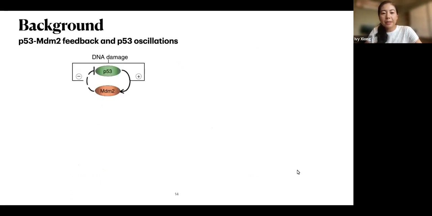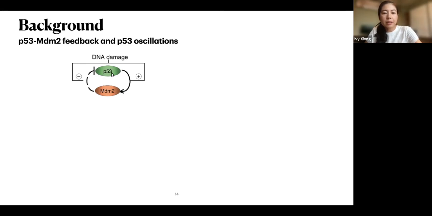So that prompted me to look into PV3 dynamics. PV3 has been really well studied in the last 50 years, and the Hopf lab showed how this PV3 MDM2 feedback loop coordinates PV3 dynamics in single cells over real time.